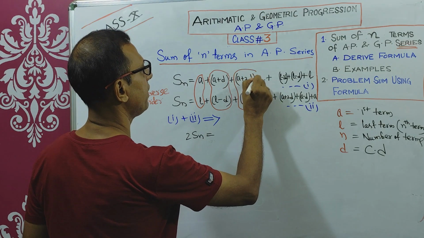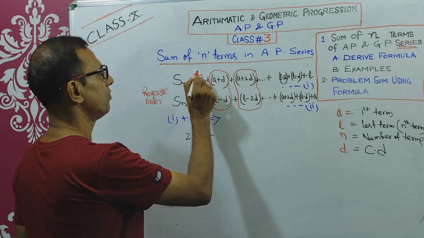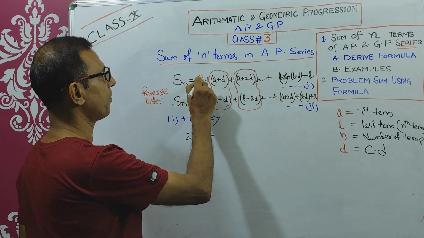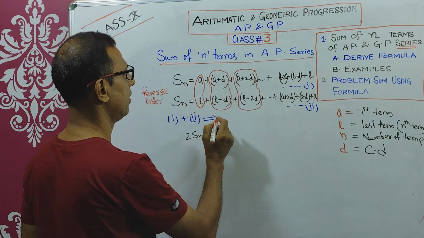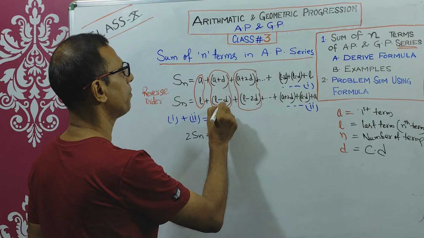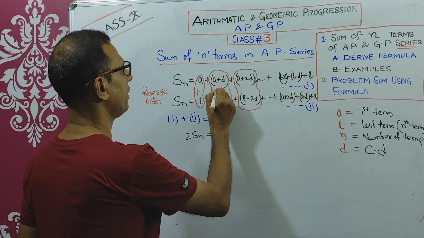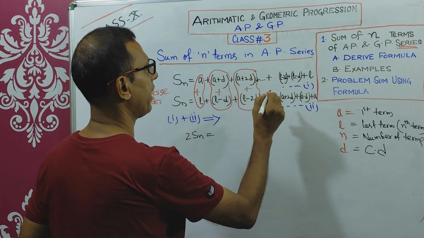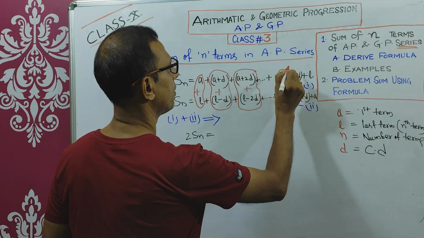So basically what you are doing, after reversing, first term in general a, and reversing order it is L first term, so a plus L, right? Here also a plus d plus L minus d. So everywhere you are just doing the addition. Here also you are doing the addition, right?